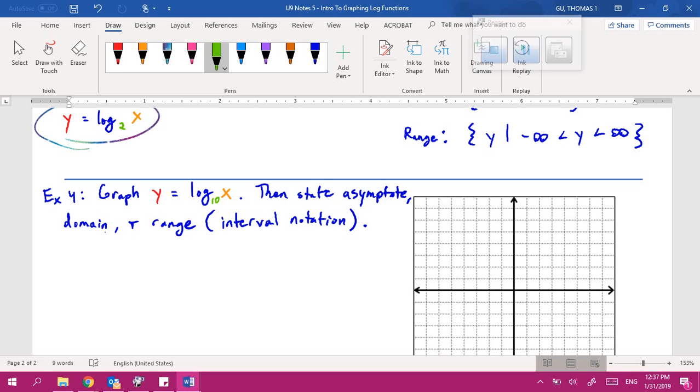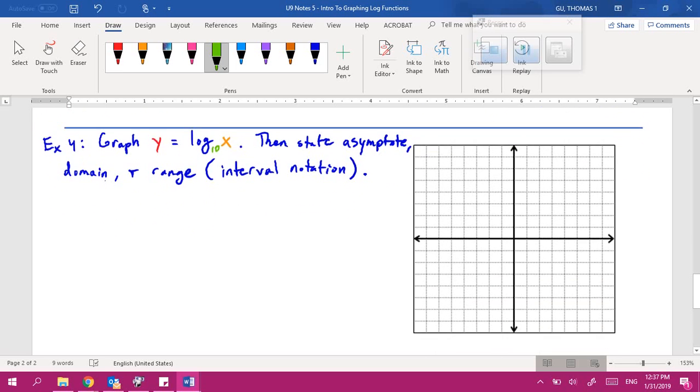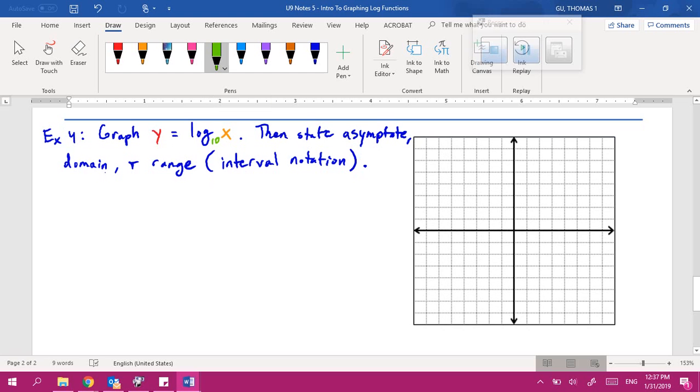Okay, and so now we want to graph this graph. But that takes us to another stumbling point. Do you know any points for this graph? No, you don't. If I just say graph log base 10 of x, you don't know any points of that. But how do you think we can find some points for this graph?